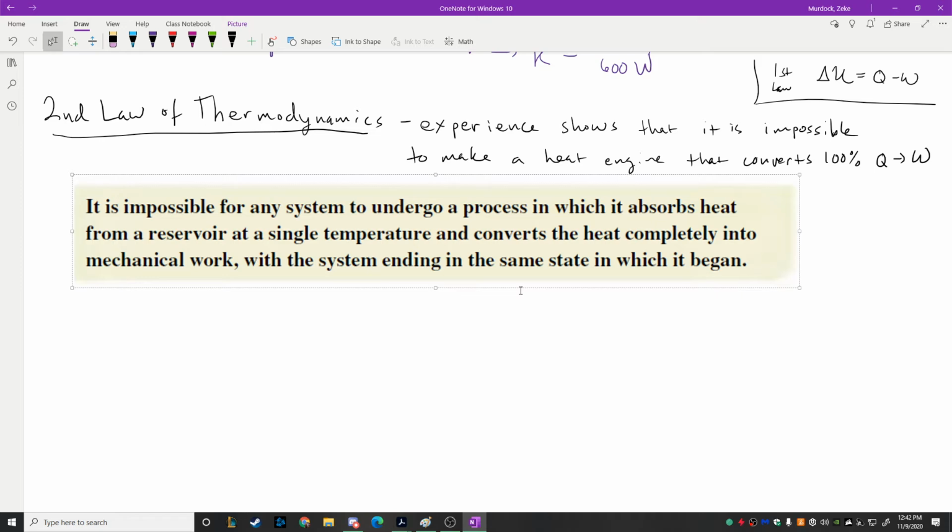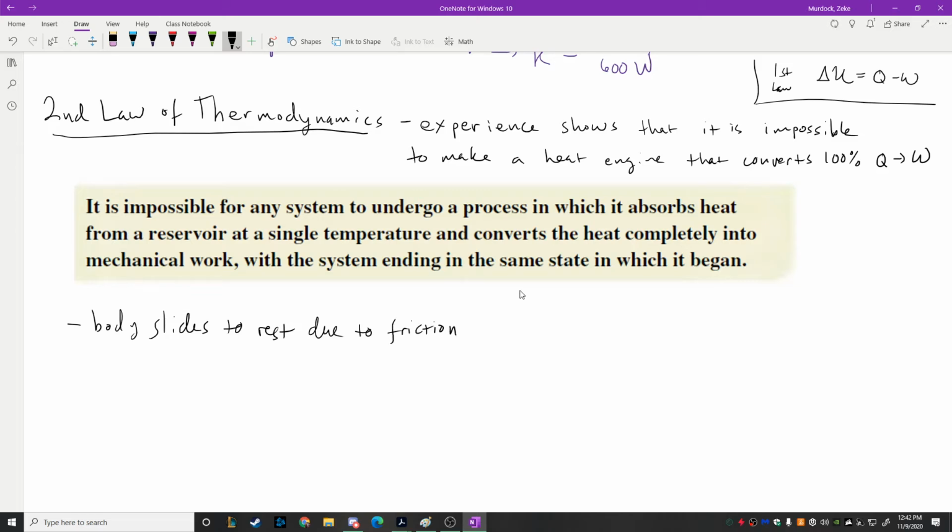So again, just to state that, a body slides to rest due to friction. We have organized motion that turns into random motion.